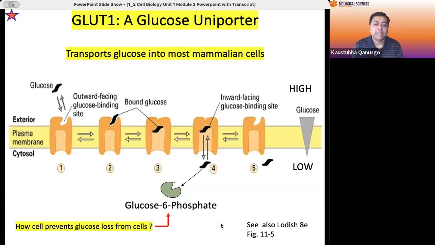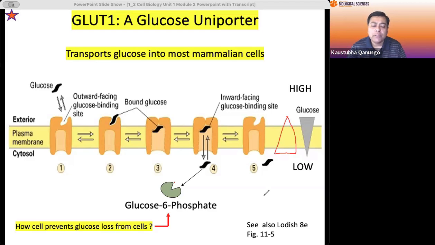But think about this: when you have a higher blood glucose level after a meal, if the glucose is constantly moving into the cell, gradually the glucose concentration will increase inside the cell. And eventually the blood glucose level, a couple of hours after your meal, will decrease. So in that condition, technically this concentration will become this.